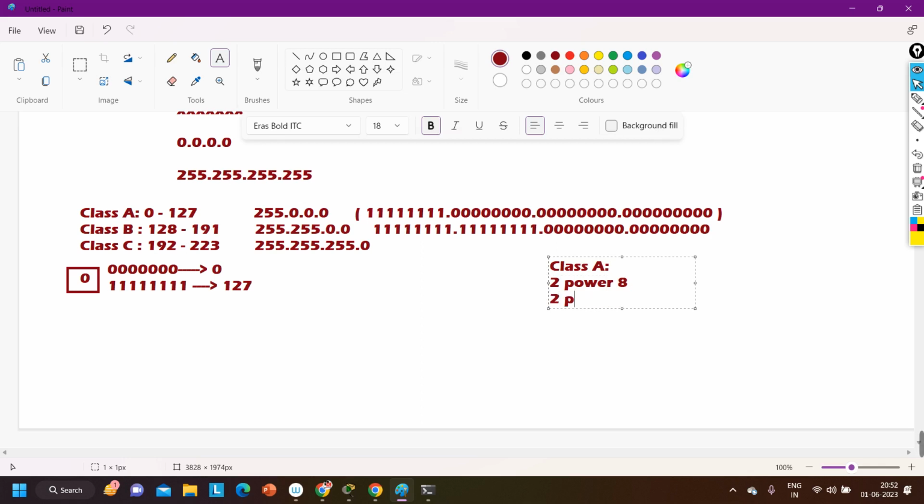Option B is 2 power 7. Option C is 2 power 16. And option D is 2 power 24. So the right answer is 2 power 7, not 2 power 8.